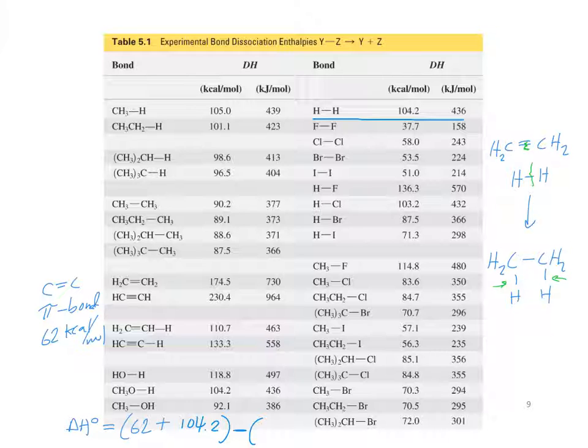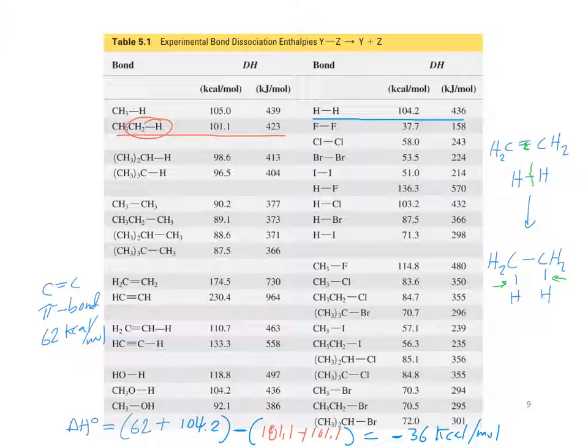Okay, so let's look around. So here's this one right here. Here's the carbon-hydrogen bond on an ethane. Each one of those is worth 101.1, plus 101.1. Okay, so if we do this math, it comes out to minus 36 kilocalories per mole.